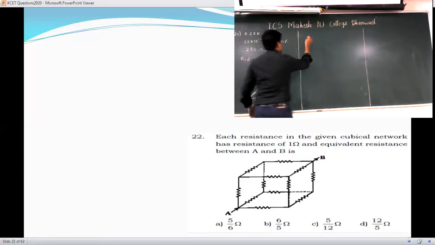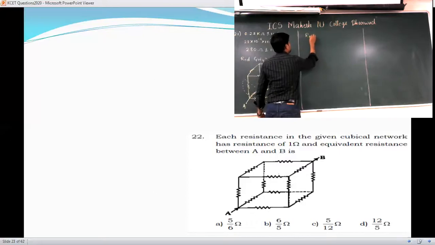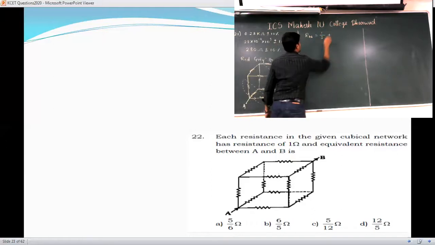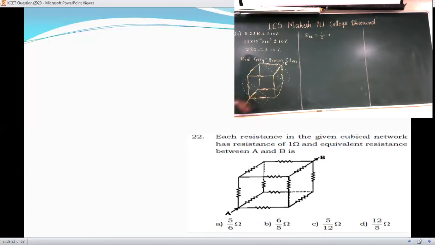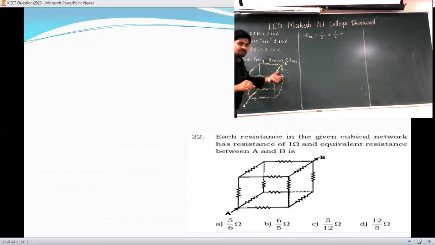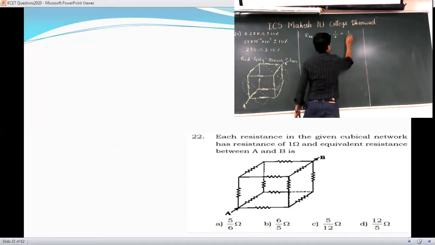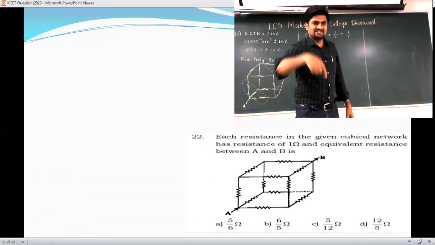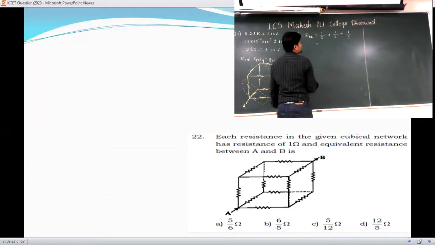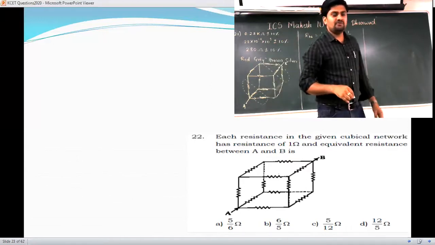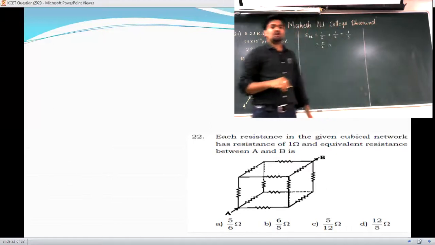The equivalent of the first 3 is 1 by 3, the 6 resistors give 1 by 6, and the last 3 give 1 by 3. These 3 symmetries are connected in series. If you take the LCM and calculate, you will get 5 by 6 ohm. So the equivalent resistance between A and B is 5 by 6 ohm. Option A should be your answer.